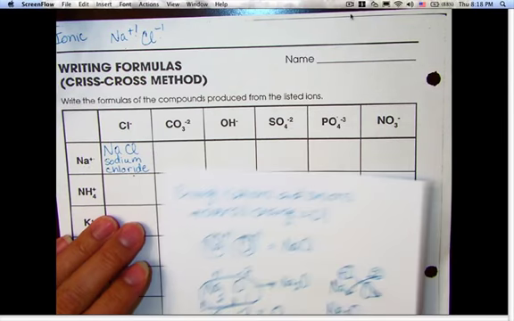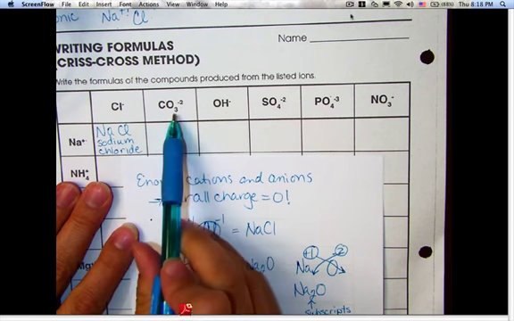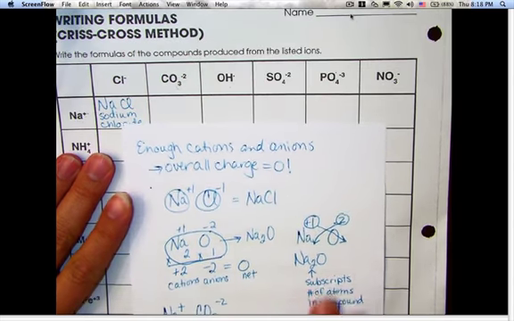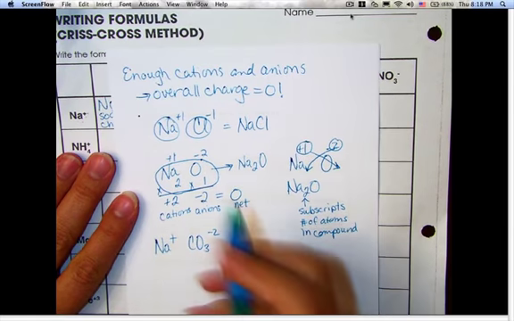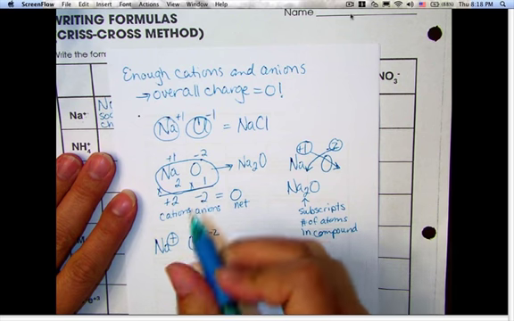Let's try another one from the list. Okay, the next one would be sodium ion combining with CO3 -2. Okay, this is going to work kind of like the sodium oxide one did. The sodium, let's do it this way first.